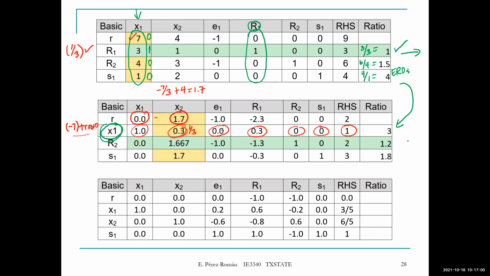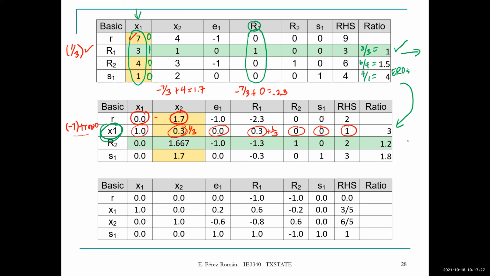Then we have -7 times 0 is 0 plus -1 is -1. -7 by 1/3 is -7/3 plus 0 equals -7/3.